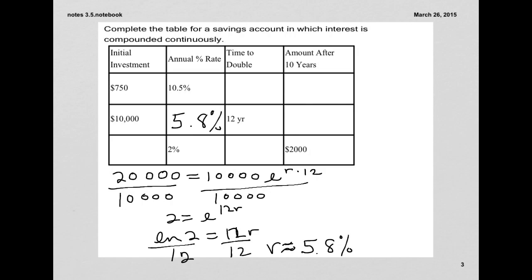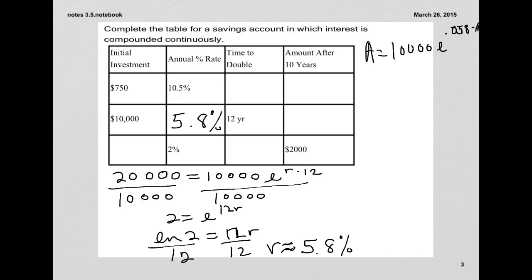Okay, using that information, we can now plug into our formula to find out the amount after 10 years. So we go A equals, my principal again is 10,000, and that's e to the rt, well, 0.058, and our time is 10, excuse me, I got lost for a second, 10.